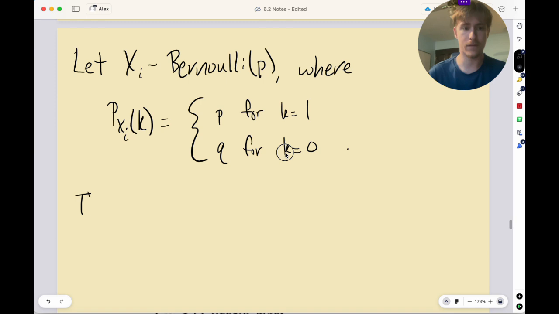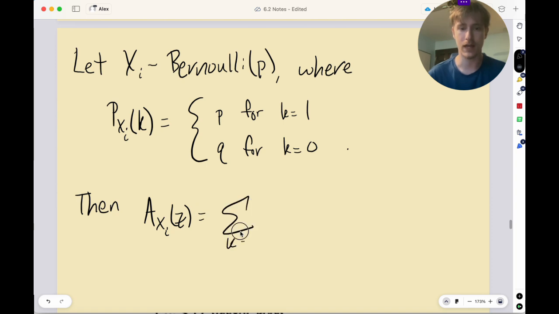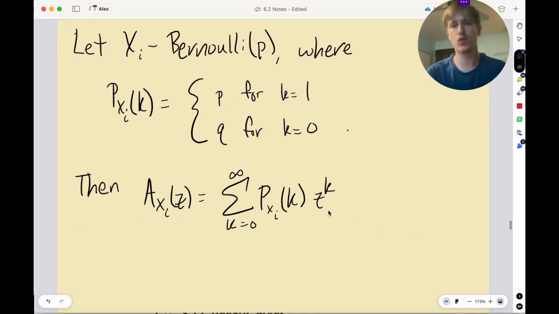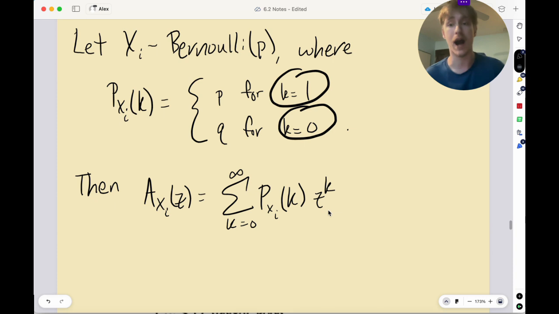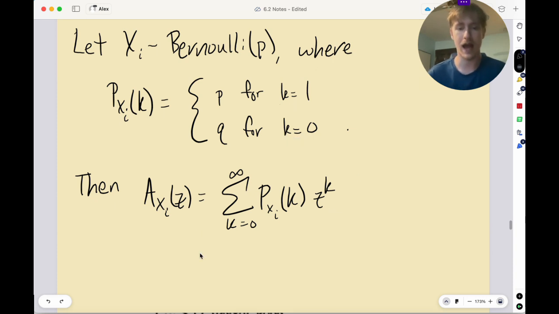Well, then the generating function, according to last time, is going to be A xi of z, which is going to be the sum from k equals 0 to infinity of the probability density function evaluated at k times z to the k. Okay, but we're really not summing from k equals 0 to infinity because k only takes on two options there. So really what we have is the sum from k equals 0 to 1.